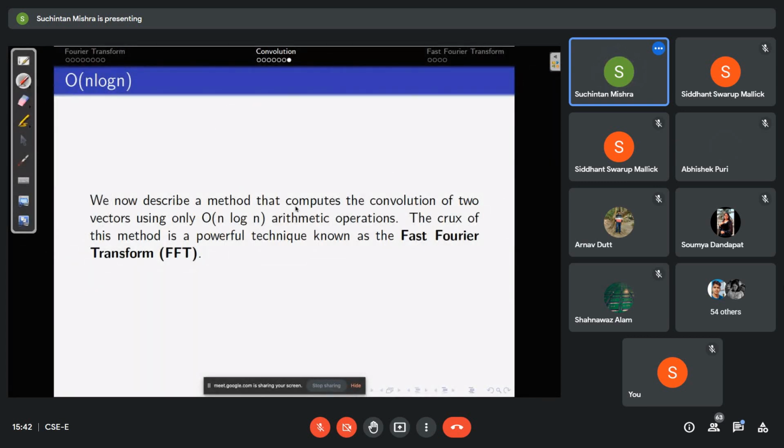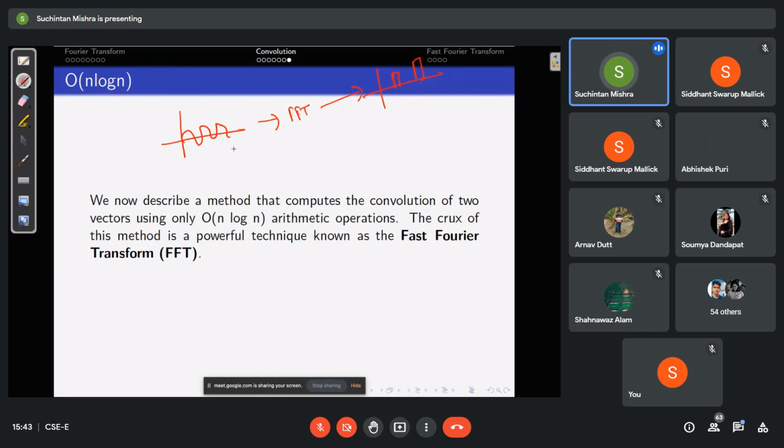Until now we know we have a time signal, apply the fast Fourier transform, and this will give us the frequency signal.